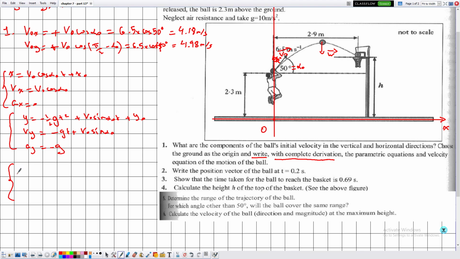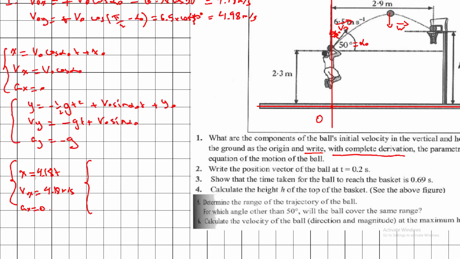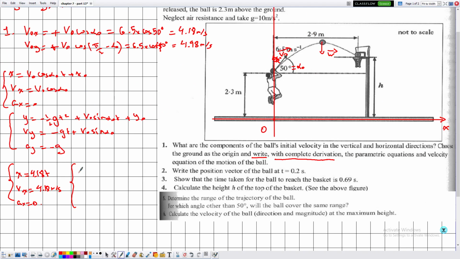So the equations then are given by the value of v0 cosine alpha 0 is given by 4.18, no need to calculate them again. The value of x0 is 0, then Vx is equal to 4.18 meters per second. Whenever quantities are not expressed in terms of another quantity, it's convenient to write down the unit. Before, let me say that y is equal to minus 5t squared.